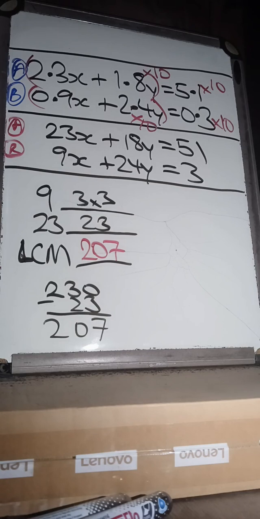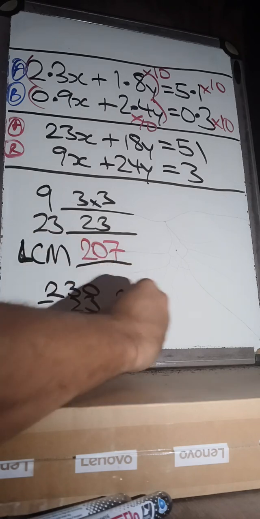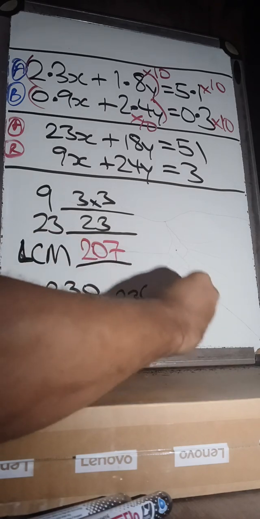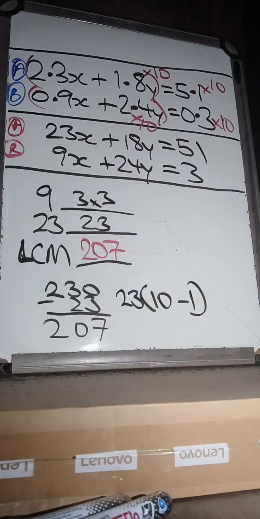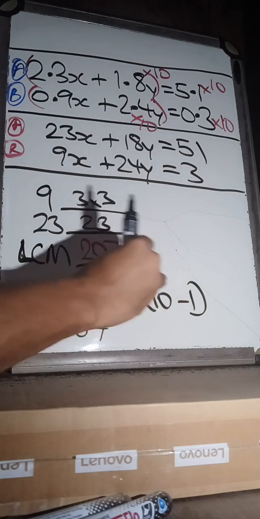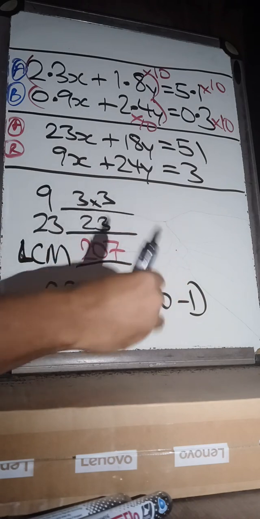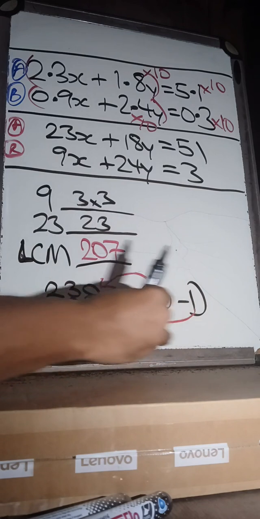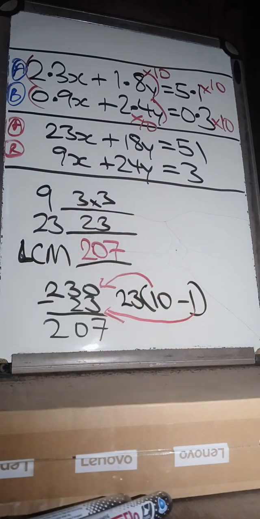Alright? Because if you multiply 23 by 10, you get 230. 23 times 1 is 23, subtract it from that, you get that. 10 minus 1 is 9, so if you multiply 23 by 10 minus 1, you end up with, so that is your 23 times 10. That's your 23 times minus 1.